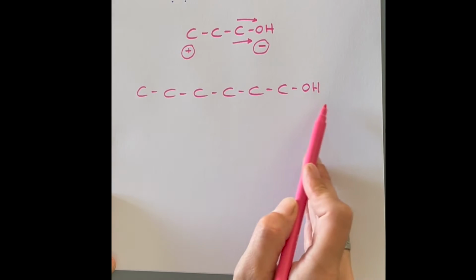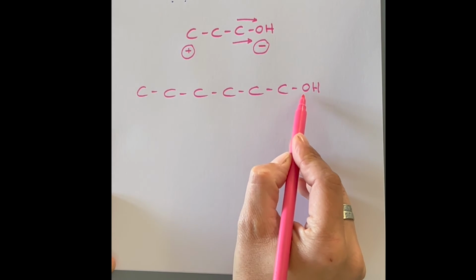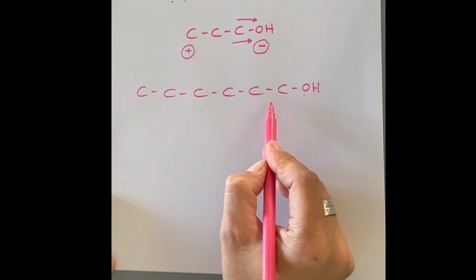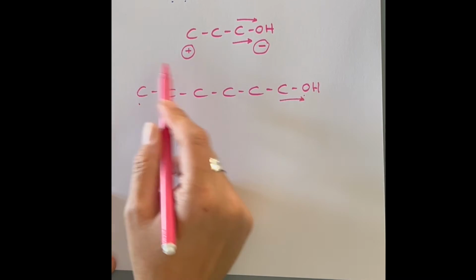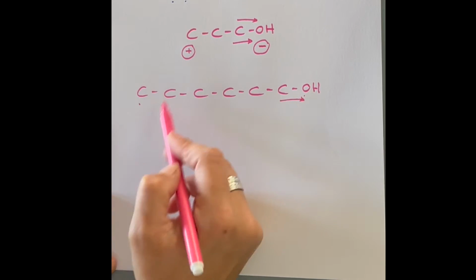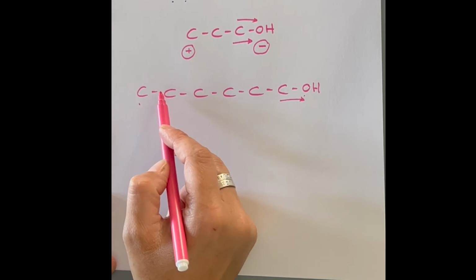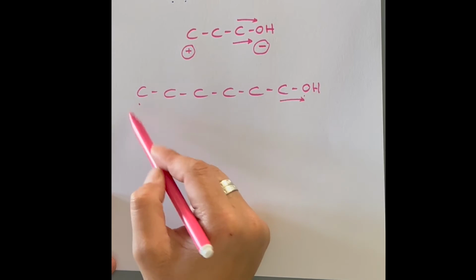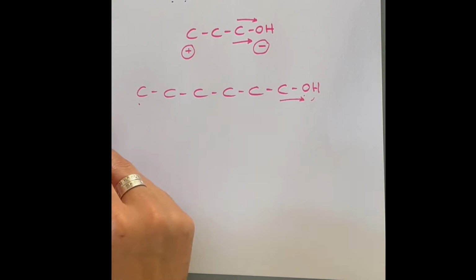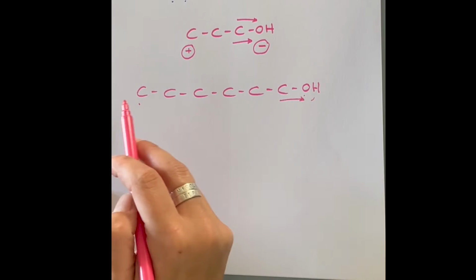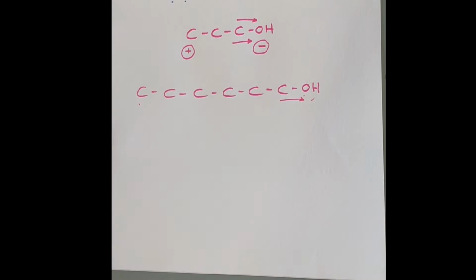But when we look at a molecule of this size, although this one is more electronegative, it won't really have an effect on the electrons on this side of the molecule, which means that this part is not going to be very positively charged compared to this negative. So as the molecule increases in size, it loses its solubility. The bigger the molecule, the less soluble it is in water.